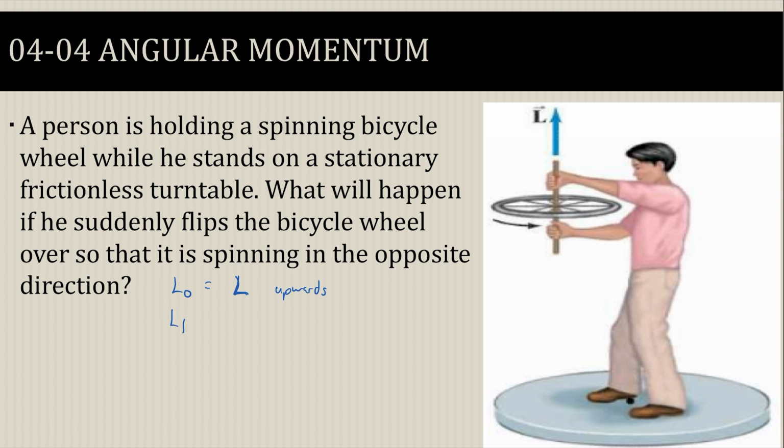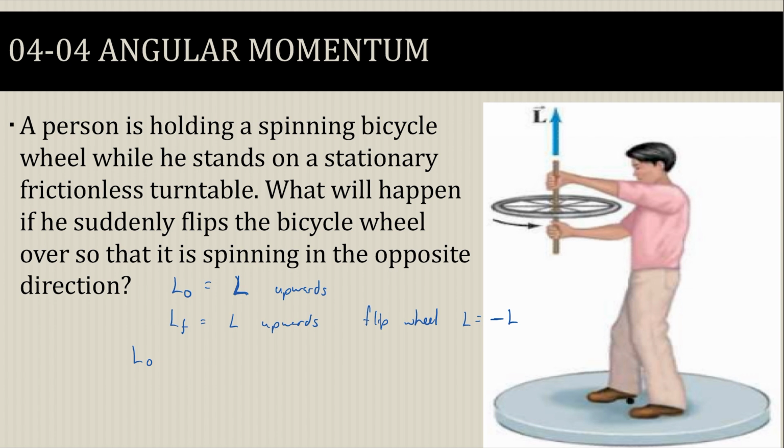Afterwards, our final angular momentum must be L upwards. It has to stay the same. But if I flip the wheel upside down, the angular momentum is going to be negative L.